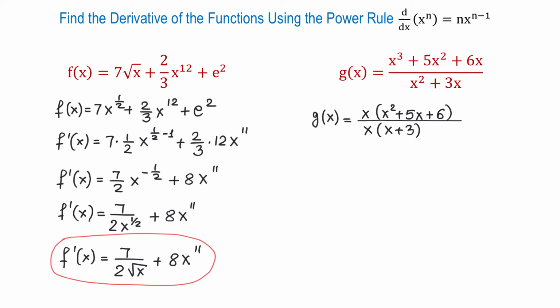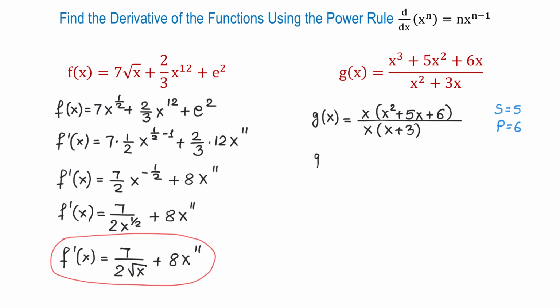Now in the numerator, inside the parentheses we have a trinomial, and we can factor it using the sum and the product. So we need two numbers whose sum is 5 and product is 6. These numbers are 2 and 3, therefore we will factor this trinomial as x plus 2 times x plus 3.